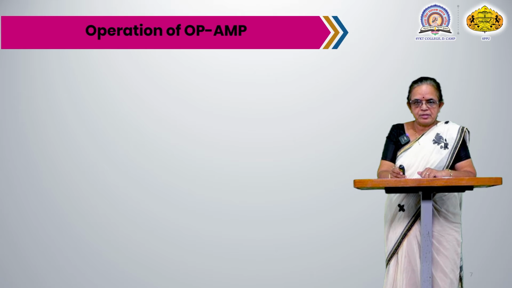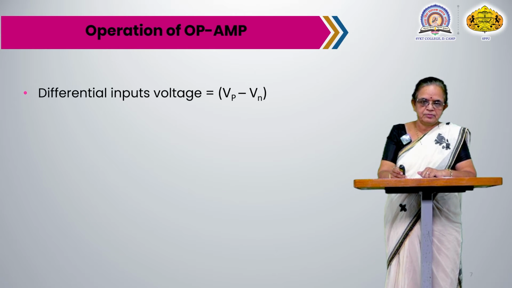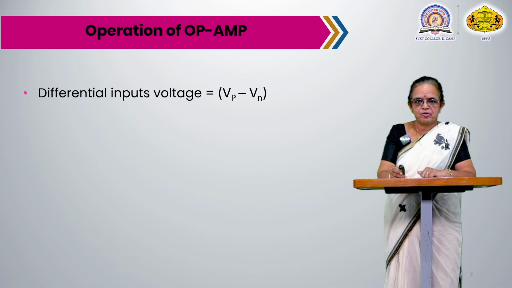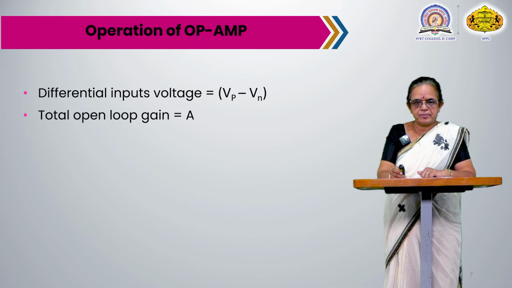Operation of op-amp. We have seen the two inputs, inverting and non-inverting. For the non-inverting input the voltage is Vp, and for the inverting input the voltage is Vn, so the differential input voltage is Vp minus Vn. Feedback means that part of the output is given to the input, and there are two types of feedback, positive and negative.